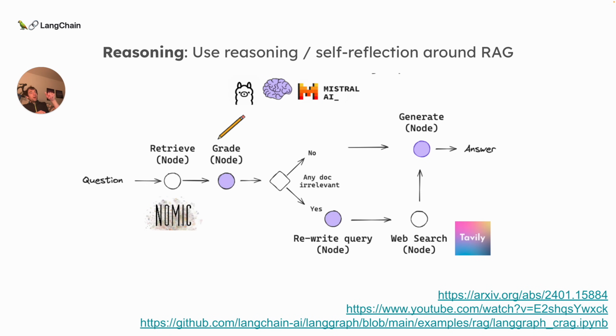And then if the documents are not relevant, you kick off a web search and return the search results to the LLM for final generation. So it's a nice fallback in cases where the question is out of the domain of your retriever. Again, a nice trick, overlaying reasoning on top of RAG. I think this trend continues because it makes RAG systems more performant and less brittle to questions that are out of domain.